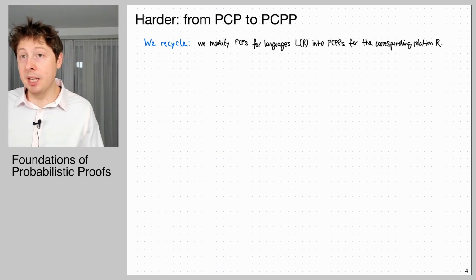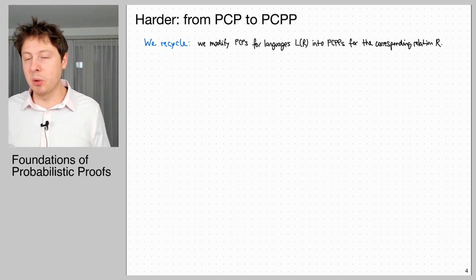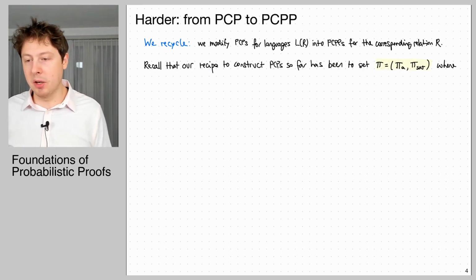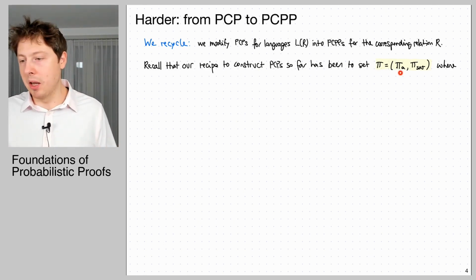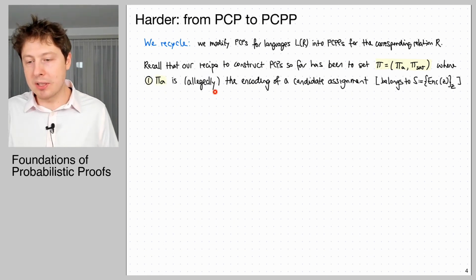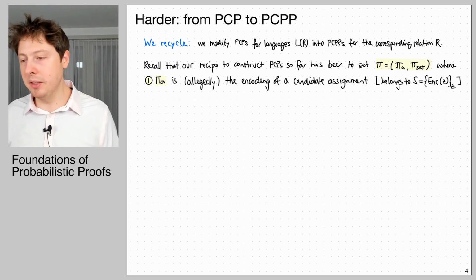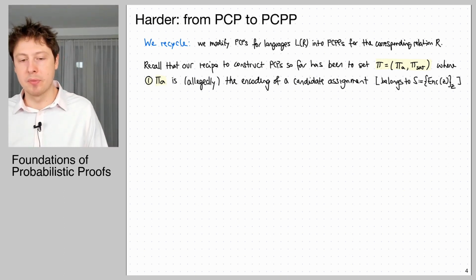If you remember, there was a witness participating in some encoded form as part of the PCP, right? We had a recipe, we constructed a PCP in two parts. There was usually the encoding and then some satisfiability proof. The encoding was allegedly an encoding of some candidate assignment or candidate witness that belongs to some set of well-formatted things.